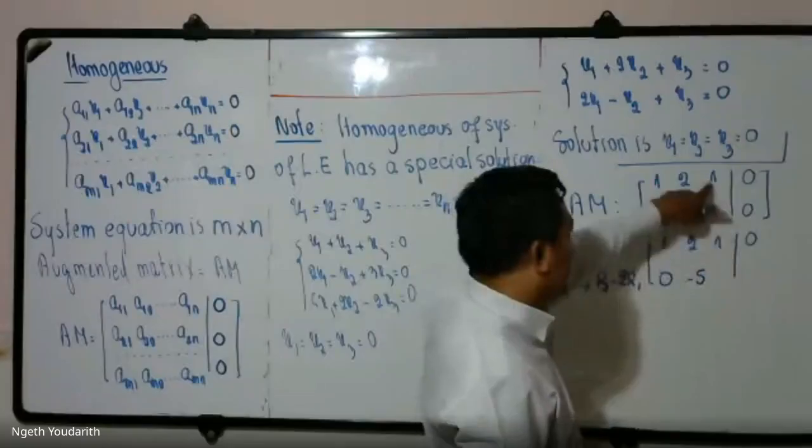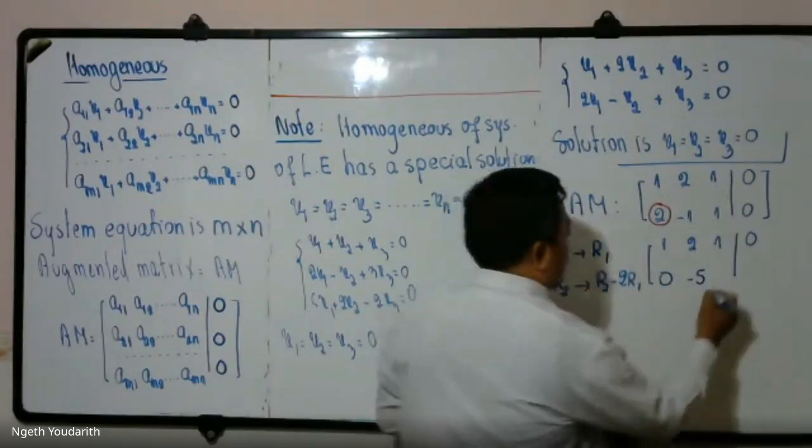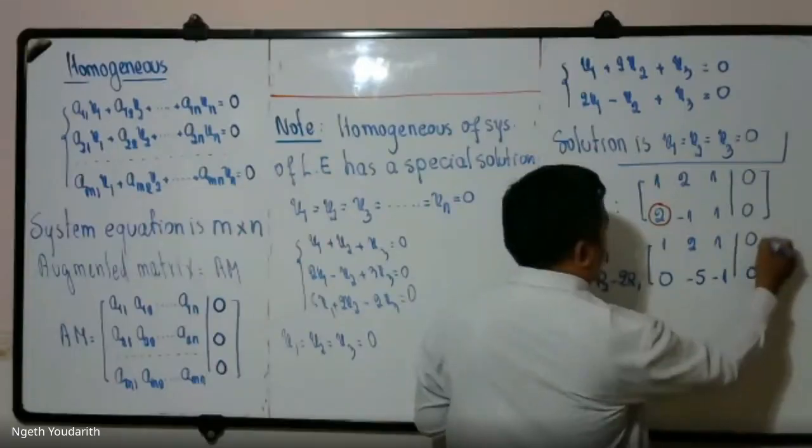And this one is 1 minus 2, which is minus 1. The last is also 0.